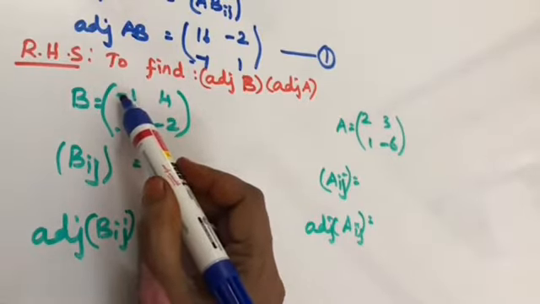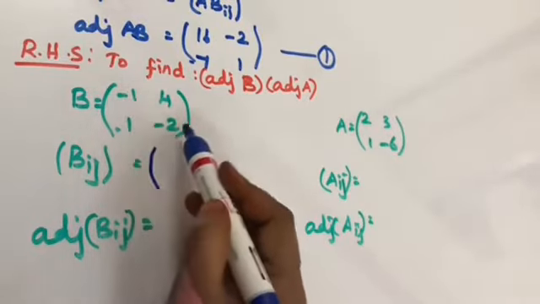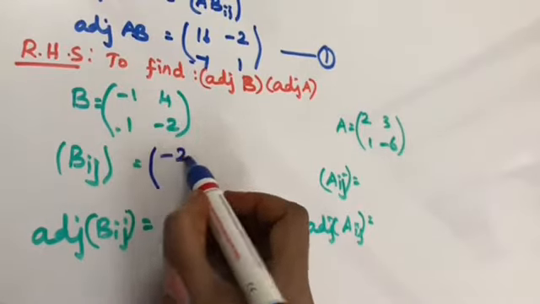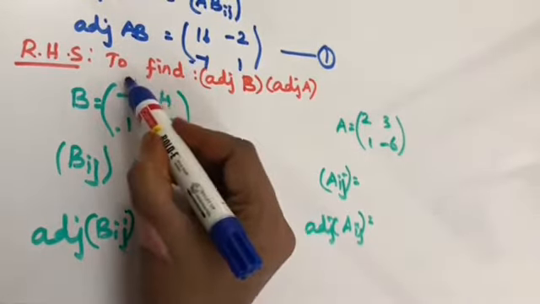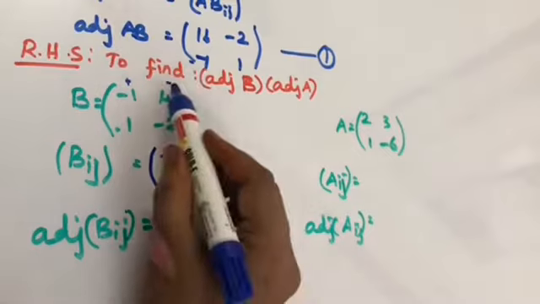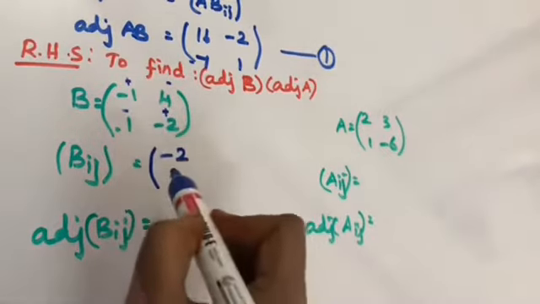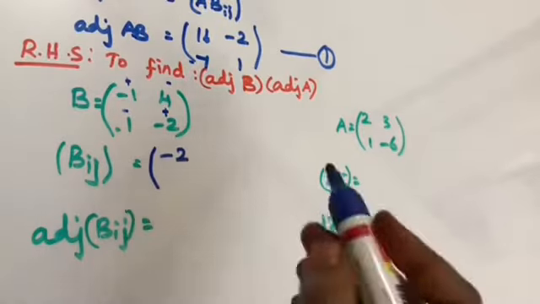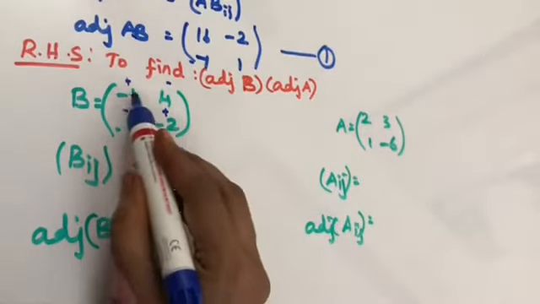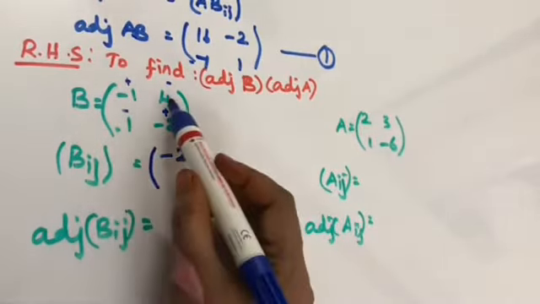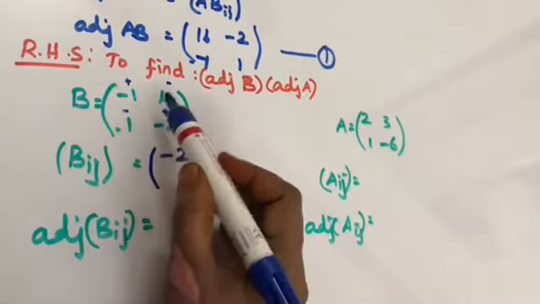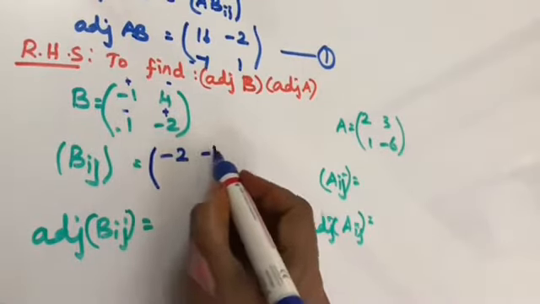So what is the cofactor of minus 1? It is minus 2. Here it is plus and minus: in this position it will be minus, and again here it will be minus and it will be plus here while writing in the cofactor. So for minus 1 it is minus 2. For 4 the cofactor is 1, but it should be negative, so minus 1.